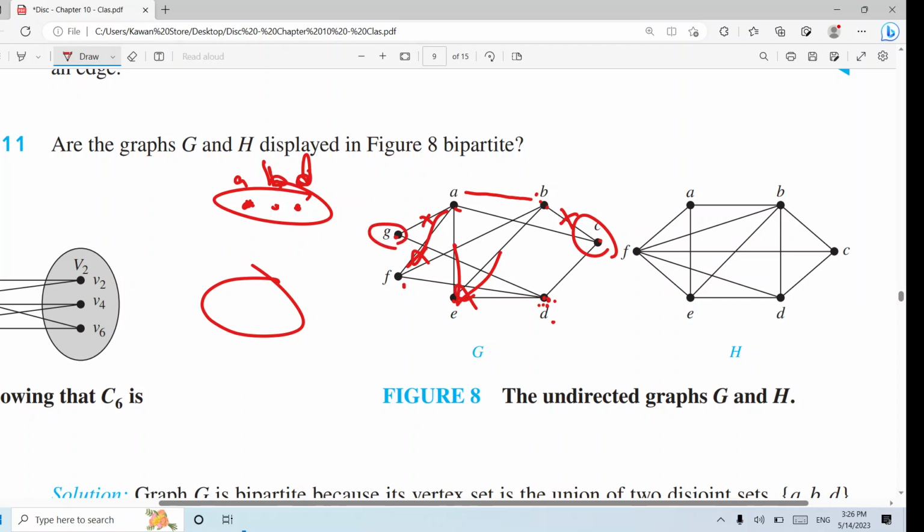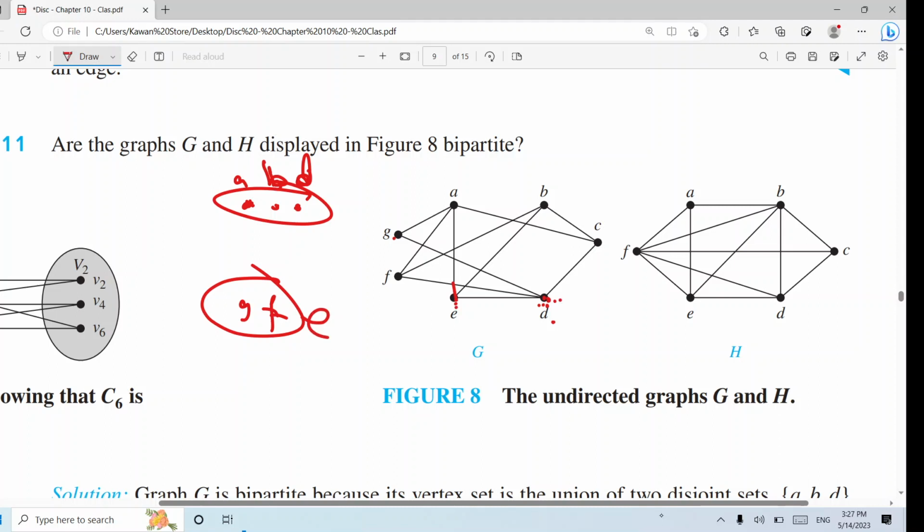Look, G. Is G connected with F? No. F connected with E direct? Well, I don't know because I wrote everything. Now, let me check again. With E, do we have? No. So E also here.